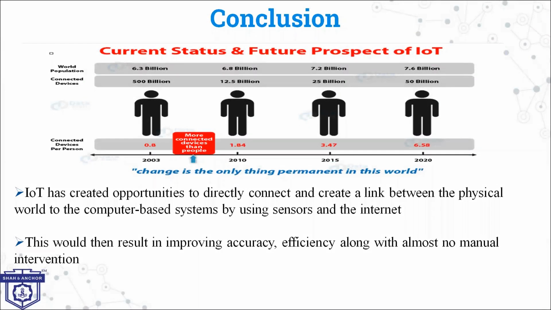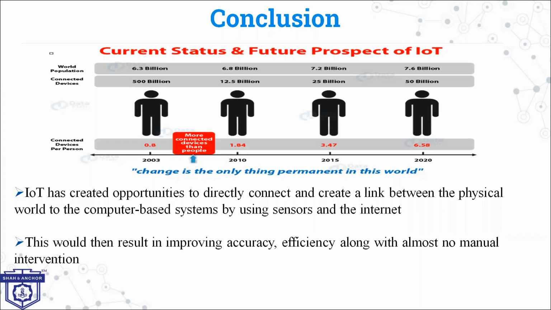Lastly, I want to say that IoT has created opportunities to directly connect and create a link between the physical world and computer-based systems by using sensors and the internet. You can see the current and future prospects of IoT in the diagram, showing the connected devices per person.